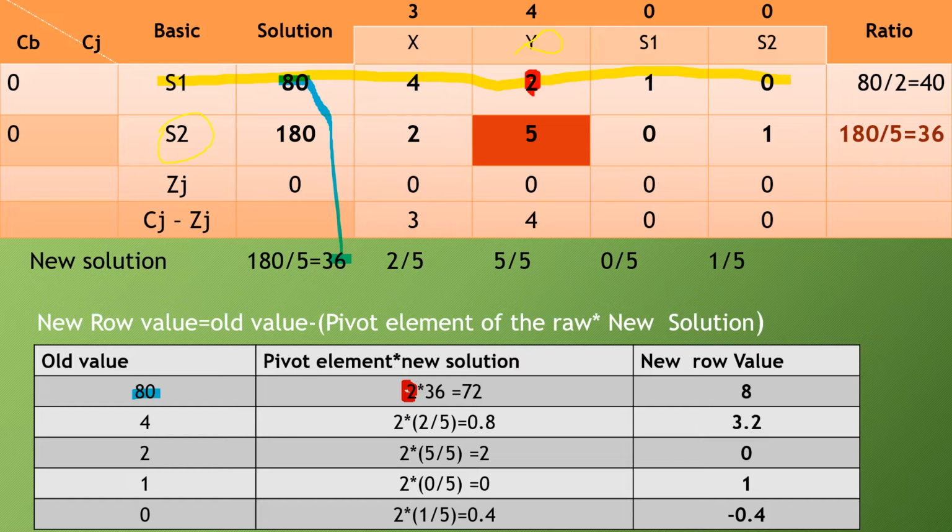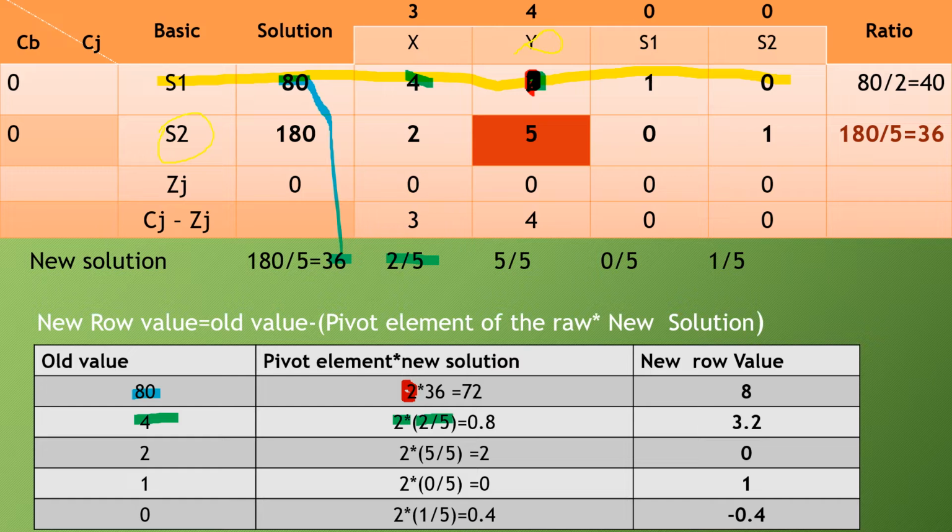Now, let's take the second one. In the second one, the old value is 4 with the pivot element of 2. We are going to take the new solution value, which here is 2 divided by 5.